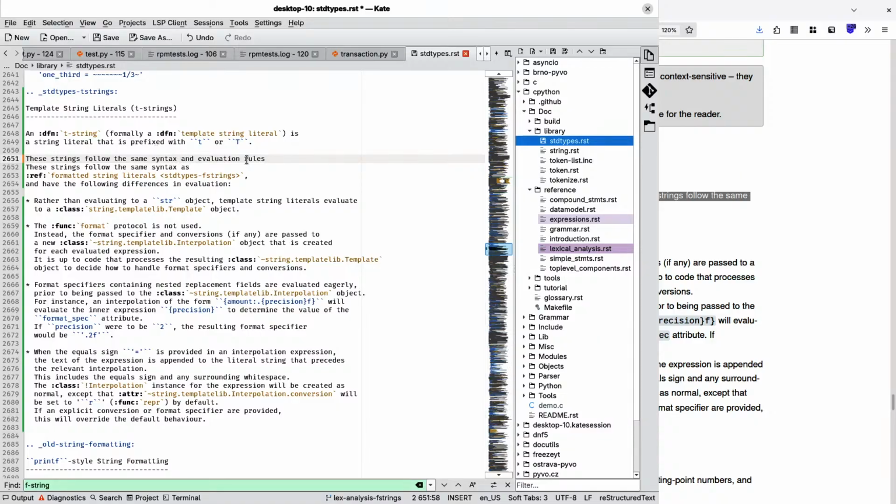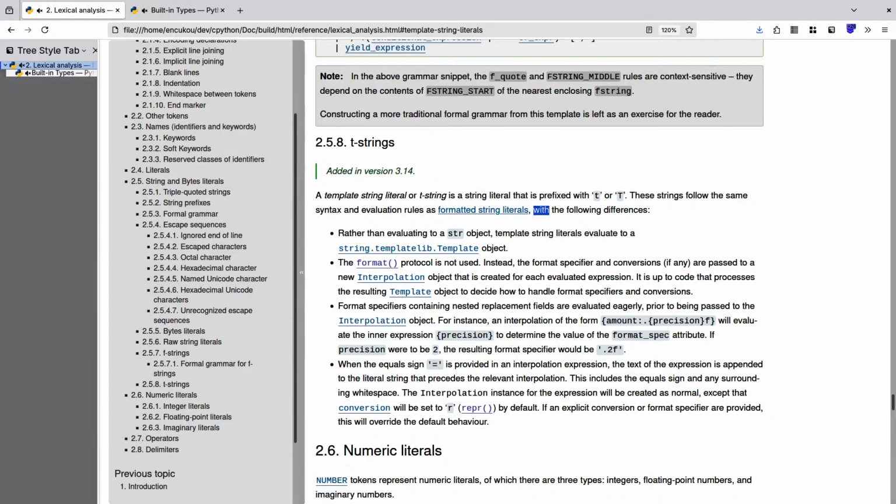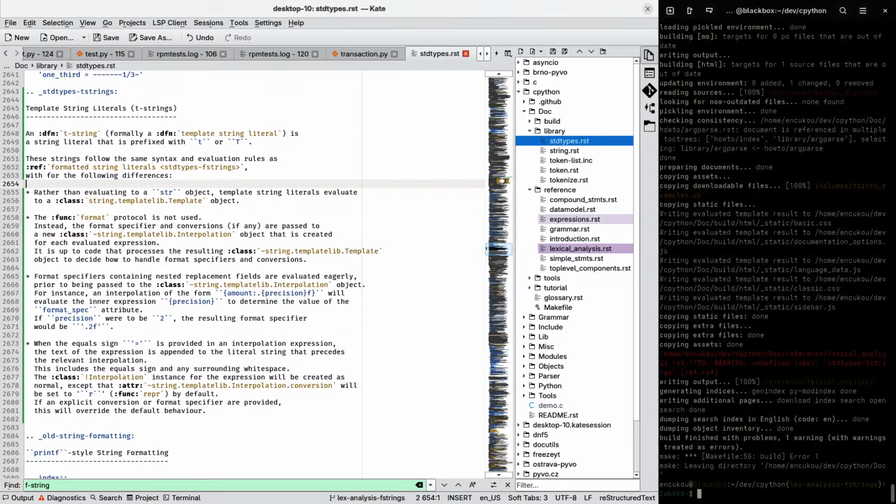Follow the same syntax and evaluation rules, with the following differences. And since it's all evaluation and nothing of this is syntax, it should be in this section.